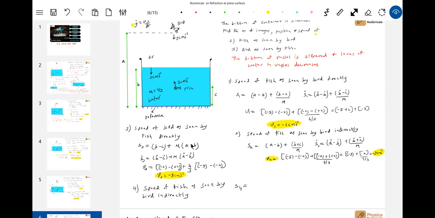B minus C. Indirectly means first what will happen? The bird is at a distance A minus B. The mirror will see the bird, no? And the bird will appear further.